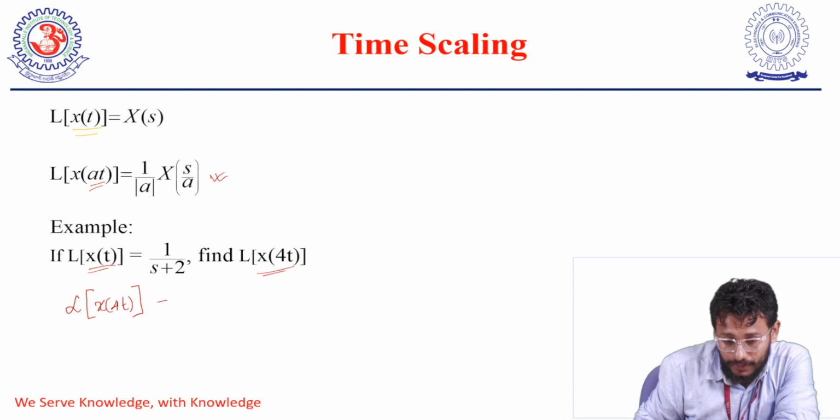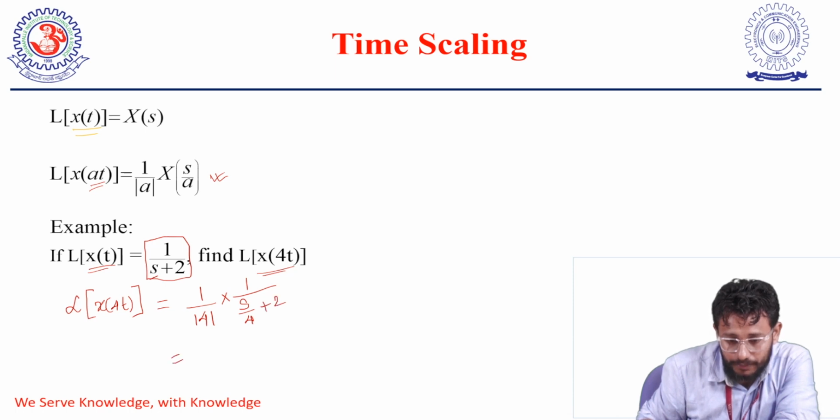Now we know what x of t is. So I'll apply the above property, and I'll get 1 over the magnitude of 4 times 1 over s plus 2, where we replace s by s by 4, so 1 over s by 4 plus 2. What I'll expect here is 1 over 4 times 4 over s plus 8, wherein the 4 and the 4 cancel, and I'll get 1 over s plus 8.